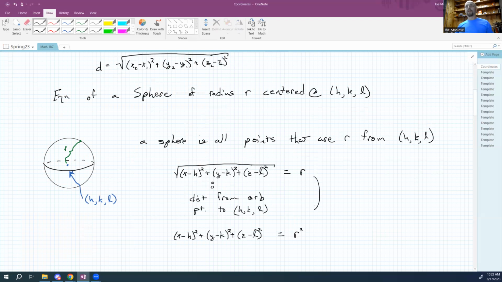So I got from here to there by squaring both sides. This is the thing I'm going to tend to do. I'll draw a little arrow from step to step. That's just me saying, what did I do? And this is a picture of a square. So I squared both sides. That's how I got to this equation.